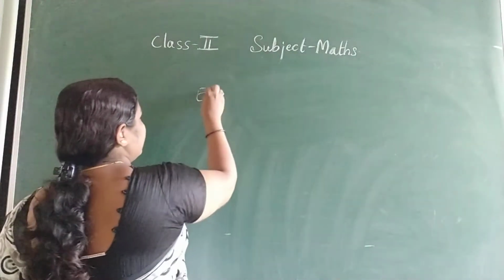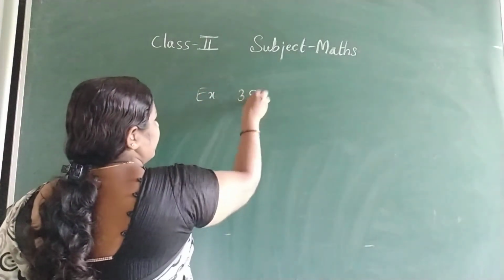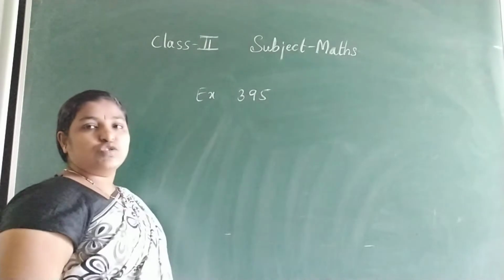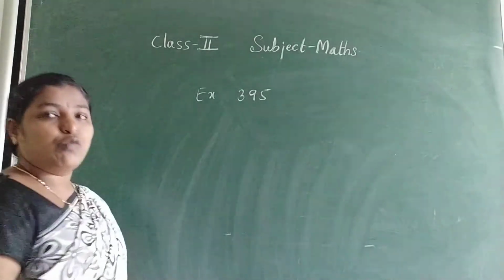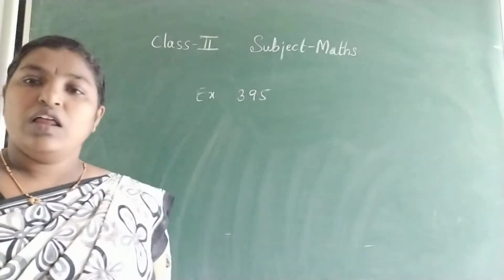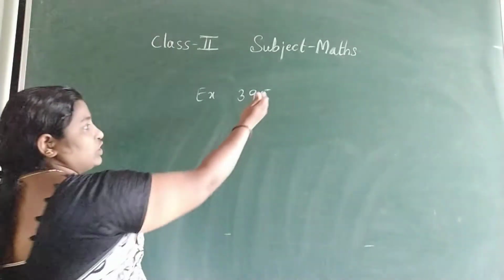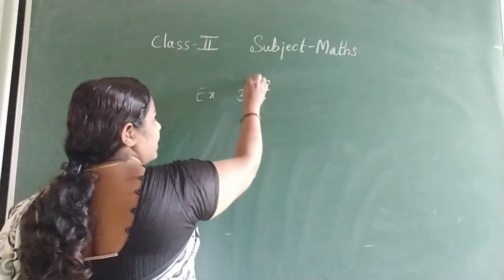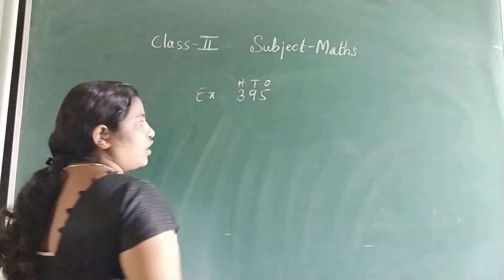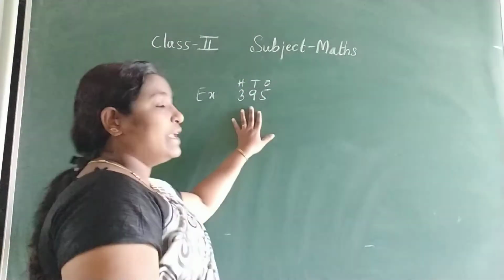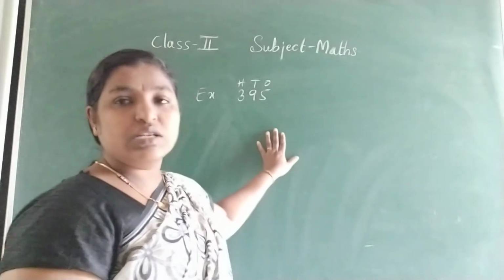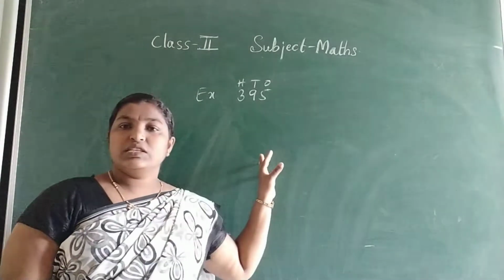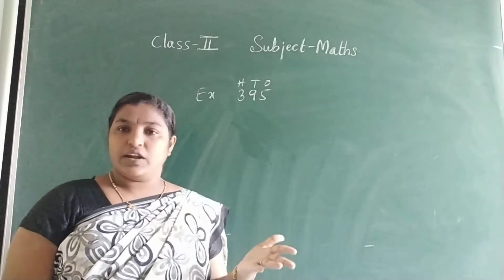Suppose, for example, 395. How will we read the places from right to left? This is right and this is left. This is ones, tens, hundreds. Got it? These are the places of 3-digit numbers: ones, tens, hundreds.